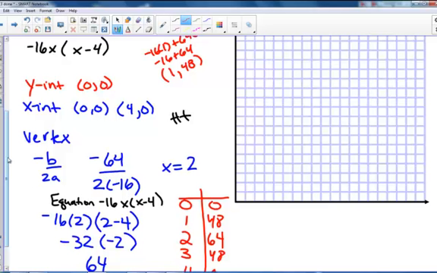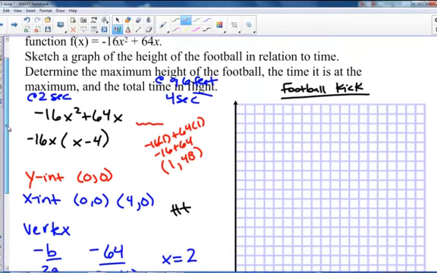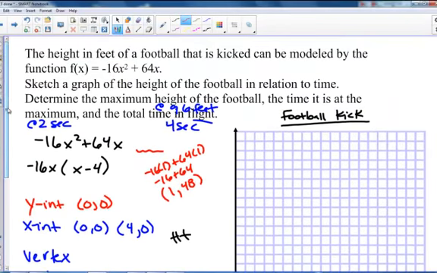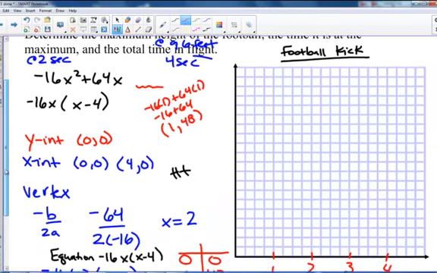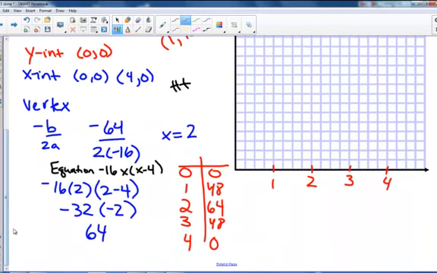So maybe we could go up. We only need to go up to 4, so we'll skip maybe 4 in between. You want to spread the graph out as much as possible. And the label of that axis is the height in feet of a football kicked compared to time.